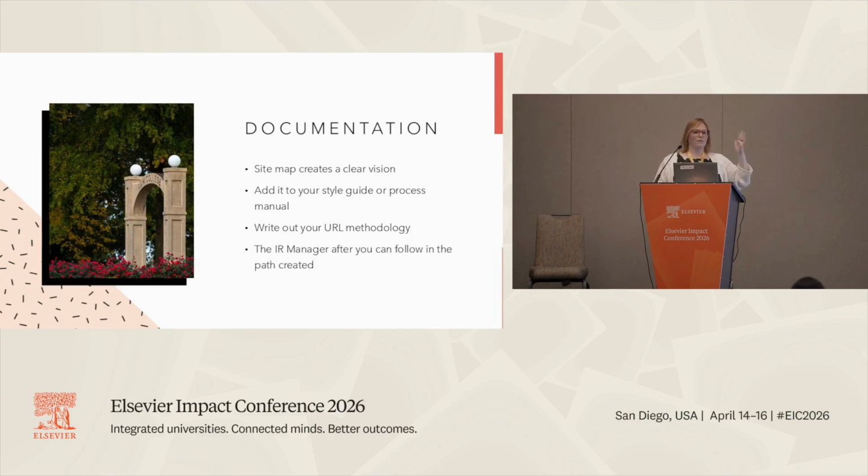If you have a style guide or a processing manual, that's really helpful. Even just writing out what that URL methodology is, that people can then plug in the different names. And that way, anyone after you can follow that path that you've already set.